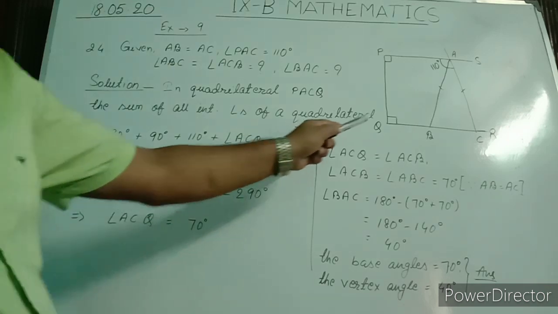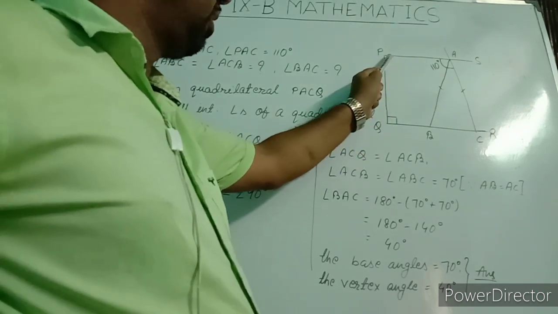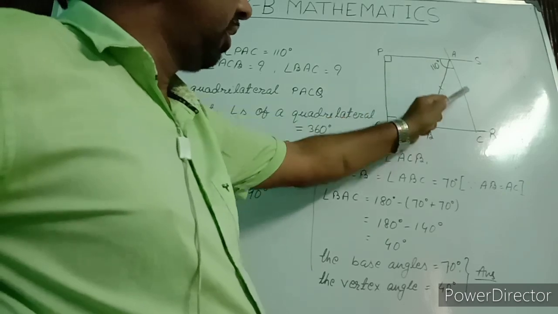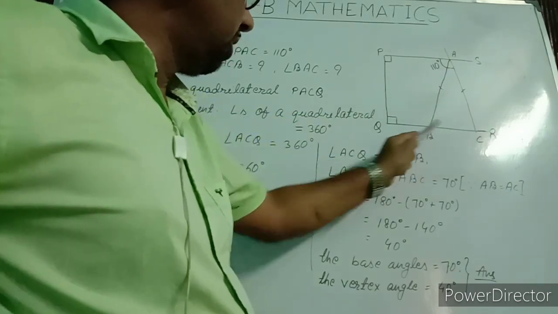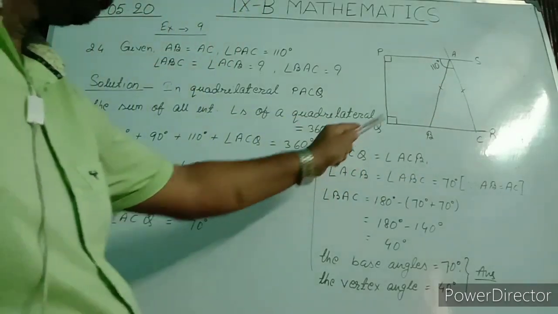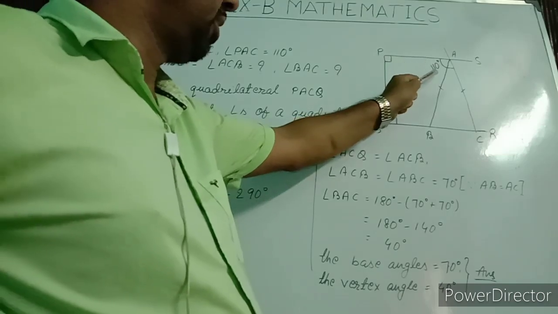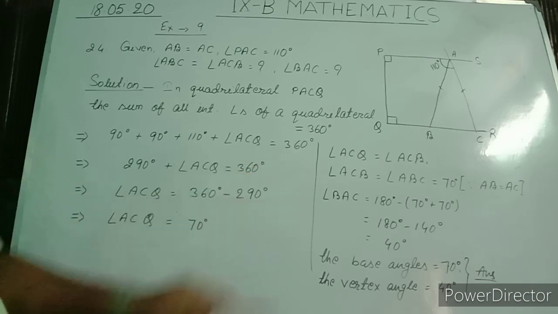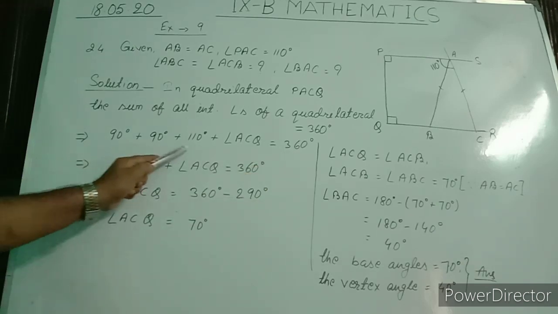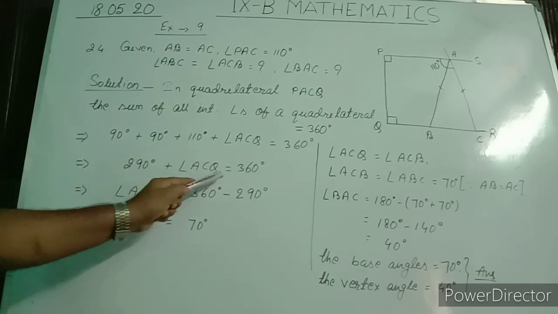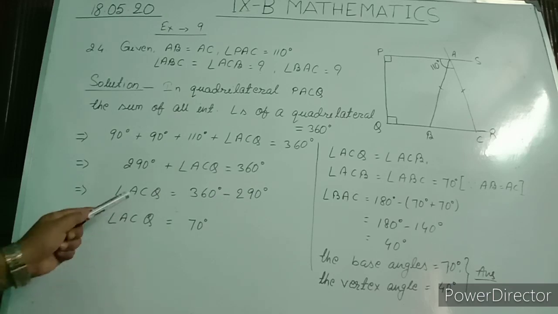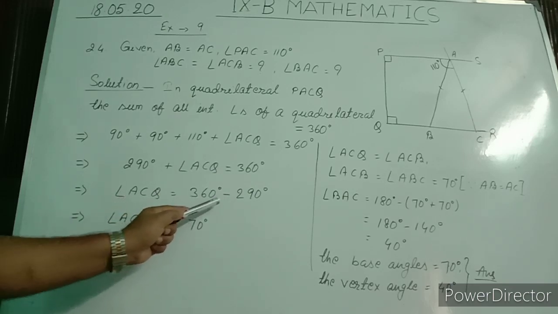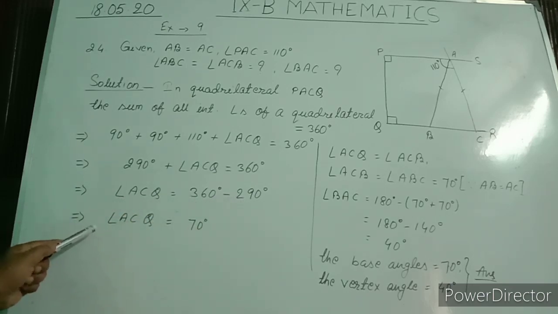It means 90 degrees plus 90 degrees plus 110 degrees plus angle ACQ equal to 360 degrees. So this sum became 290 degrees plus ACQ equal to 360 degrees. So angle ACQ equal to 360 degrees minus 290 degrees. Therefore angle ACQ equal to 70 degrees.